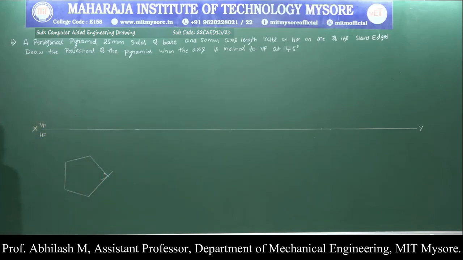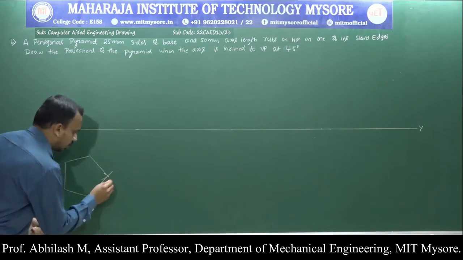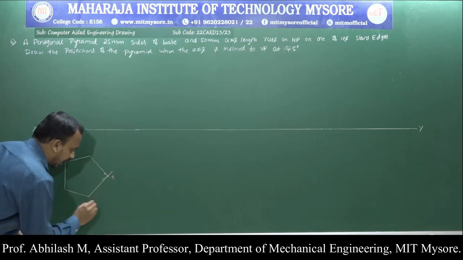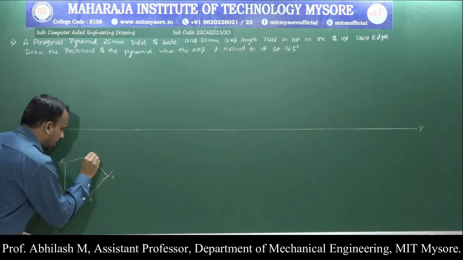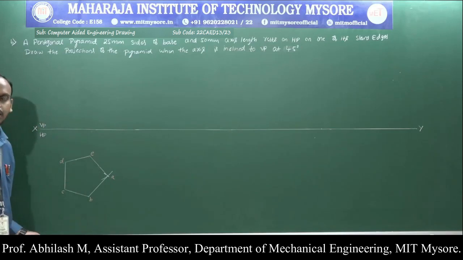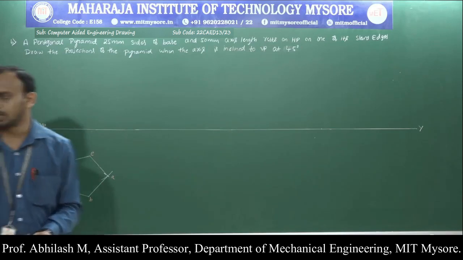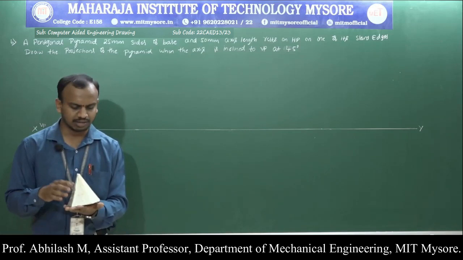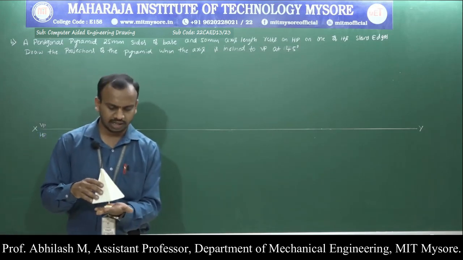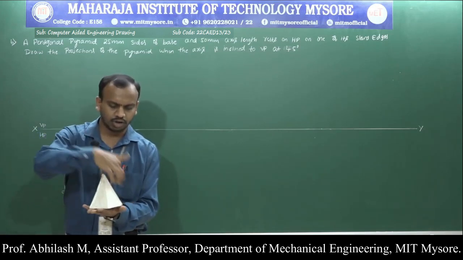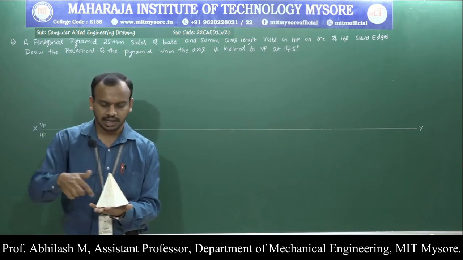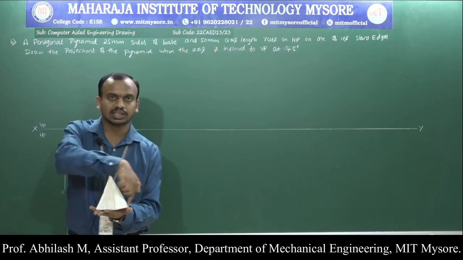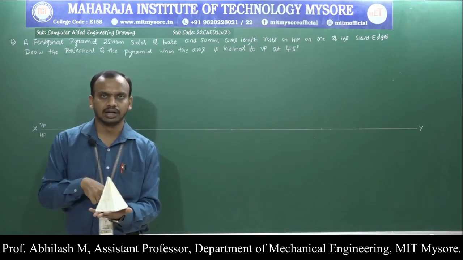The first thing that we are supposed to do is to name the corners. I am going to call them A, B, C, D and E. Next, it becomes important to identify which points are visible and which are not. We are resting the pentagonal pyramid on one of its slant edges, and when I look from the top, I can clearly see all the sides of the pentagon.